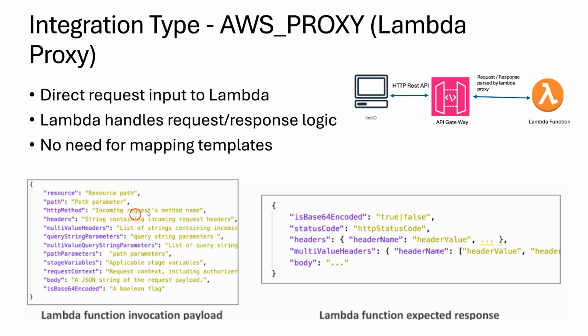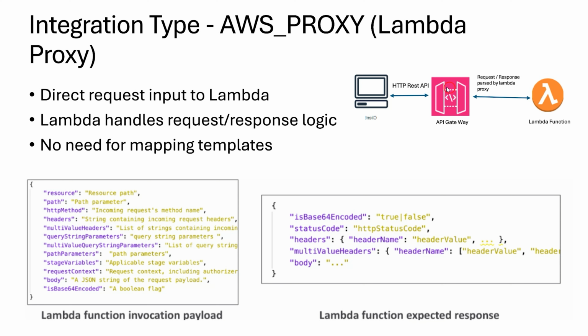Okay, so here is the example. If you invoke Lambda by using AWS proxy integration, you will get a request like this, which will have all the information, and the response should be passed like this or whatever way you want, but you have to send all the information from the Lambda end only.